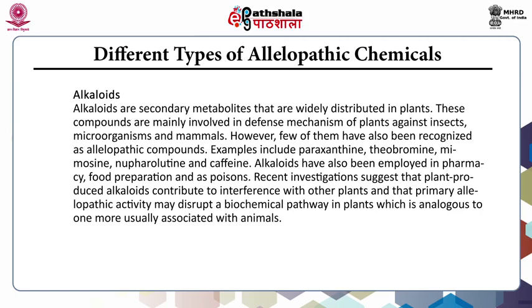They have been employed in pharmacy, food preparation and as poisons. Recent investigations suggest that plant produced alkaloids contribute to interfering with other plants and that primary allelopathic activity may disrupt a biochemical pathway in plants which is analogous to one more usually associated with animals.